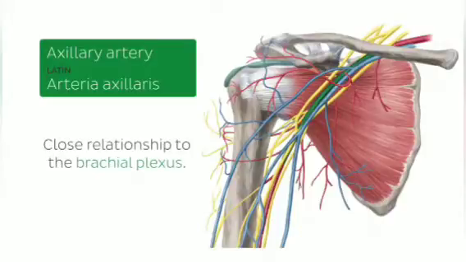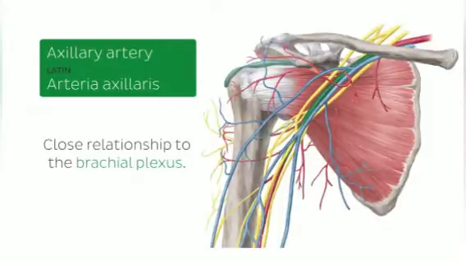If you remember from the brachial plexus, there are medial, lateral, and posterior cords, and we name them thanks to their position in relation to the axillary artery. So this is an important relationship between this blood vessel and the brachial plexus.